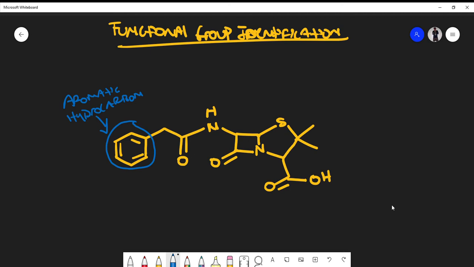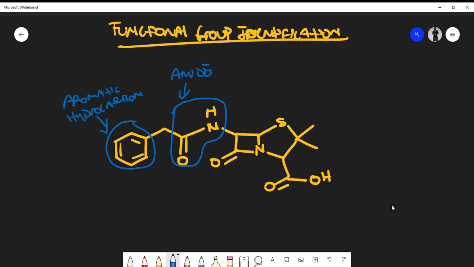Now, anytime you see this double bonded oxygen by itself, this is what we refer to as a carbonyl. But anytime you see a double bonded oxygen and adjacent to it we have some sort of nitrogen, it could be a nitrogen with 1 hydrogen on it, or even no hydrogens, this is what we call an amide.